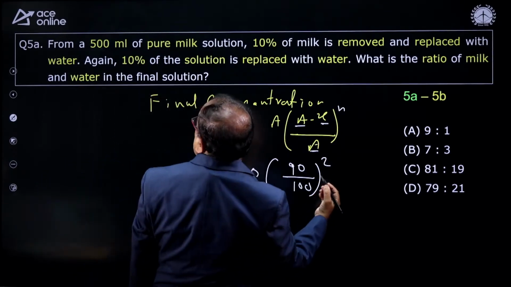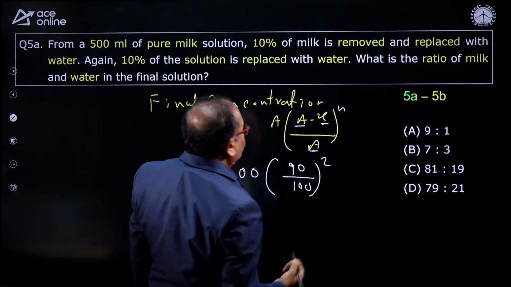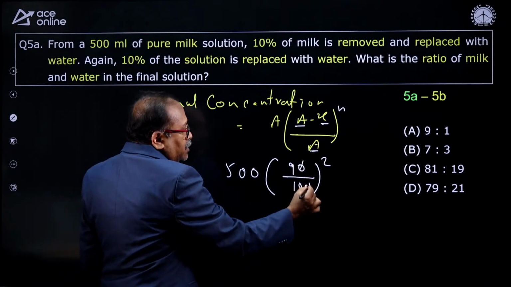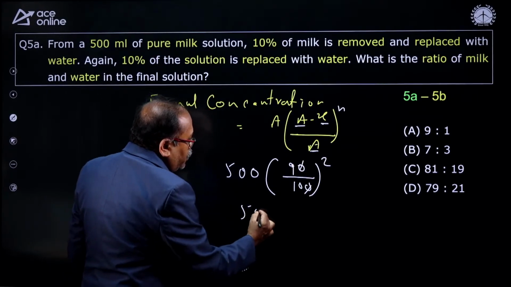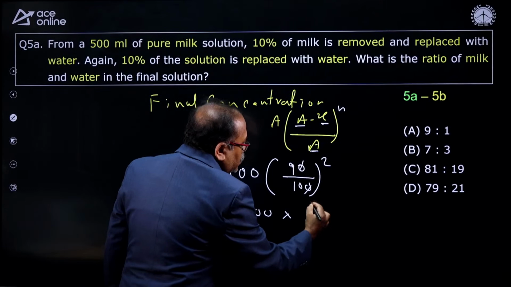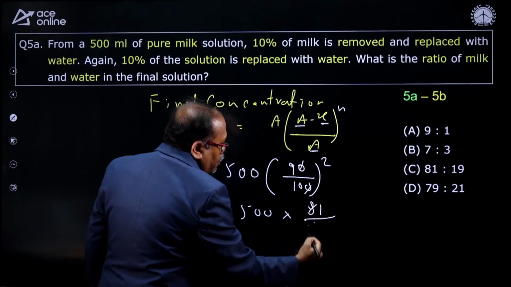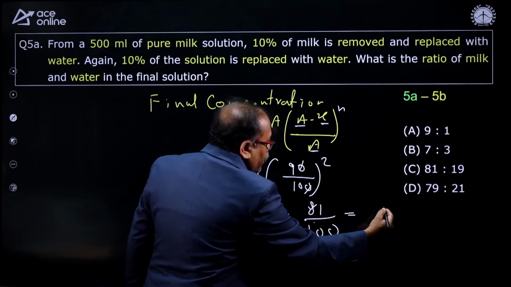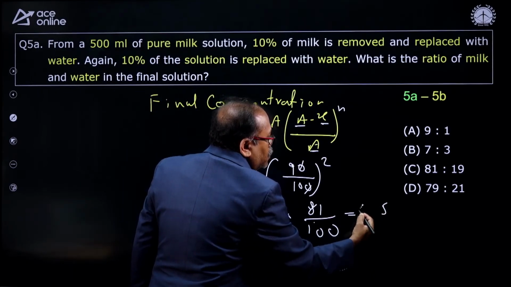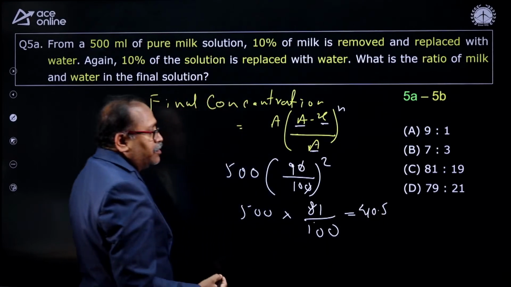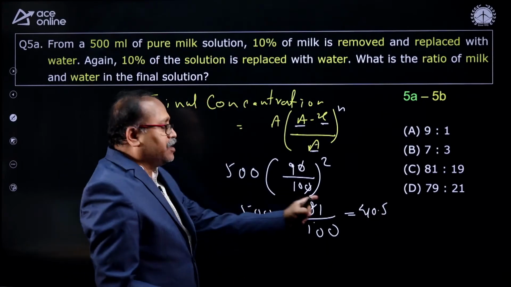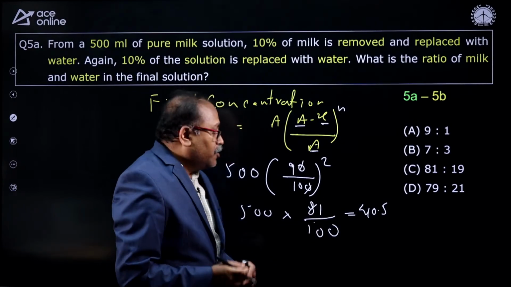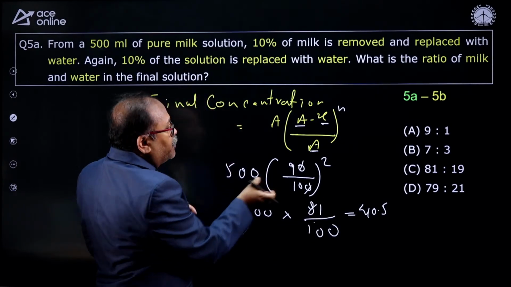Now I notice that this gets cancelled over here. So this is 500 into 9 squared is 81, followed by 100. So the zeros get cancelled, and the answer is 405 out of 500. 405 is the quantity left. That is the pure milk left.